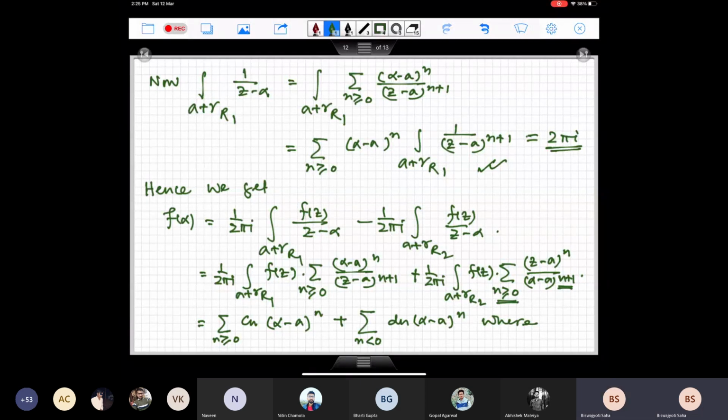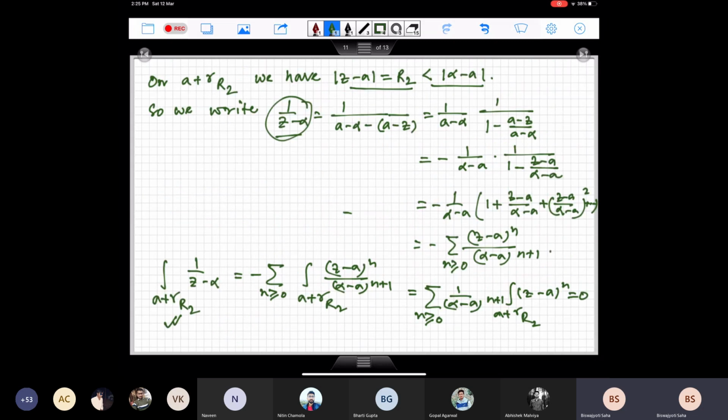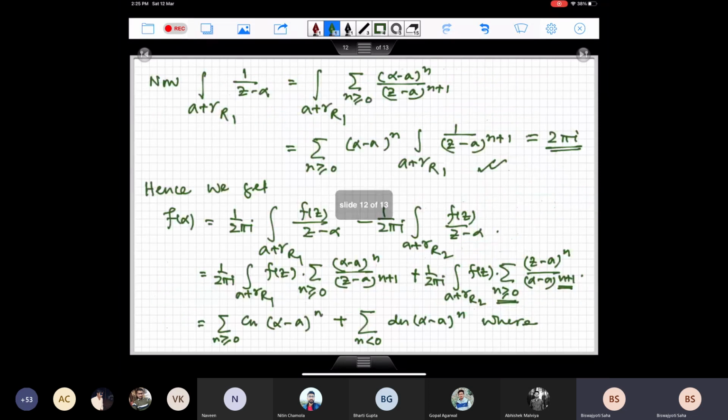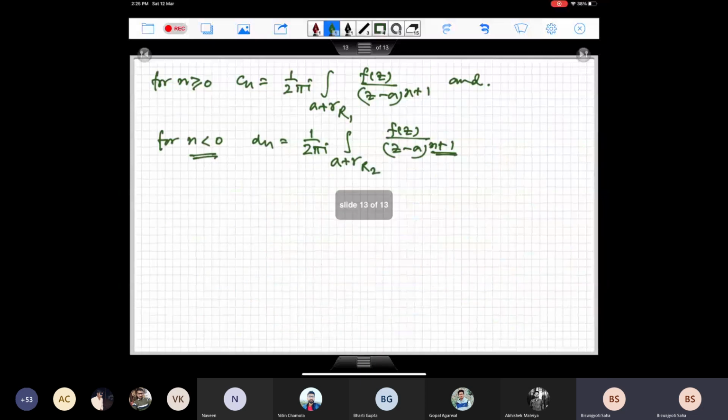I had a minus over here, and when I substituted in the expansion, there already is a minus, so minus minus becomes plus, and I get this. Fine, so this is precisely what we are getting as a Laurent expansion.